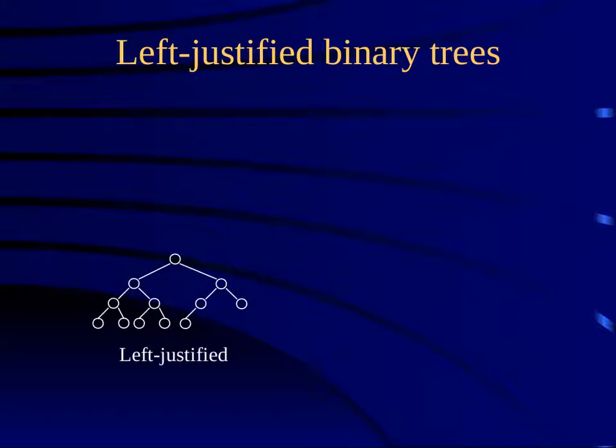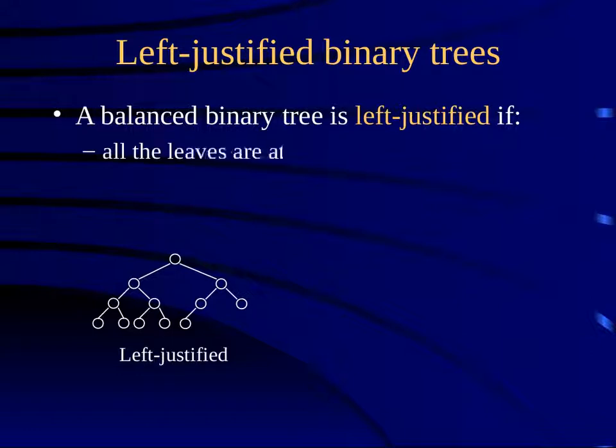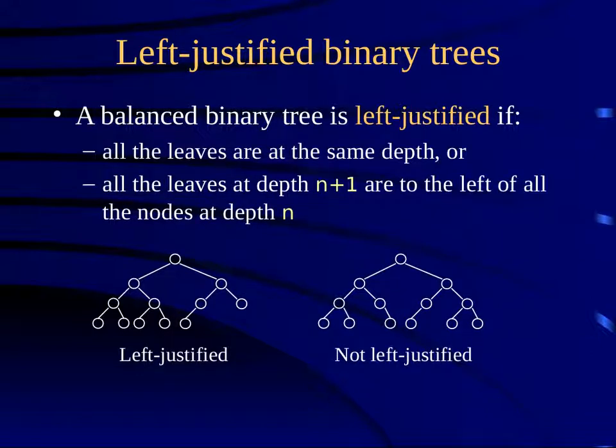All right, left justified. This is going to hopefully be intuitive. This is left justified. This is not left justified. Namely, if you look at the bottom, notice all the nodes are on the left. But over here, you're missing a couple.